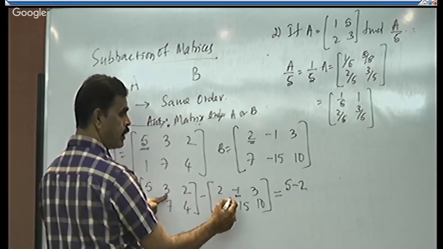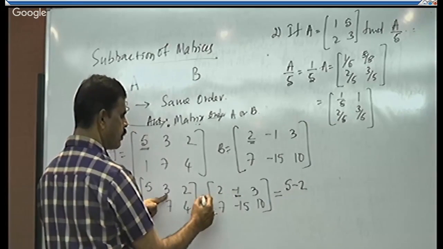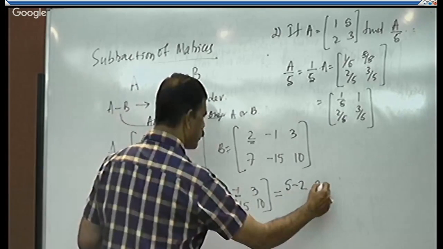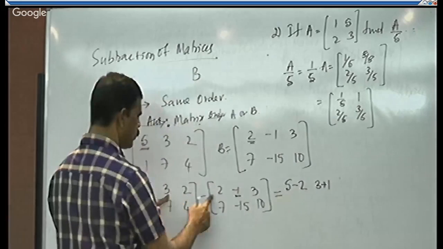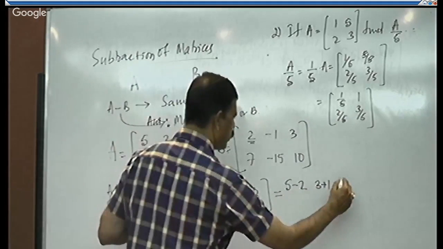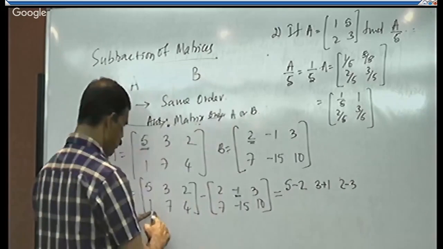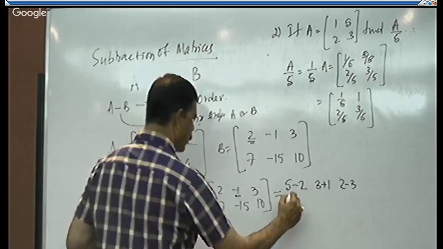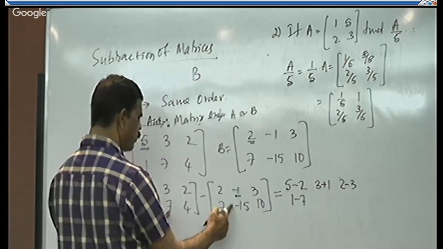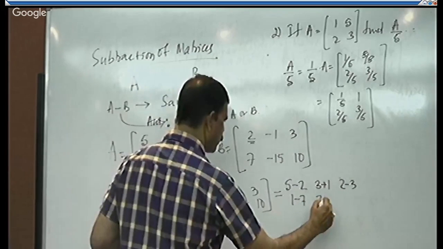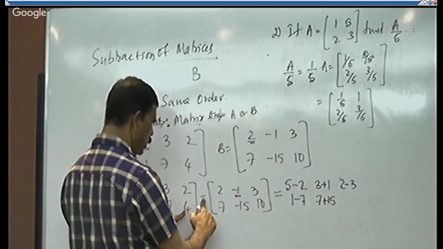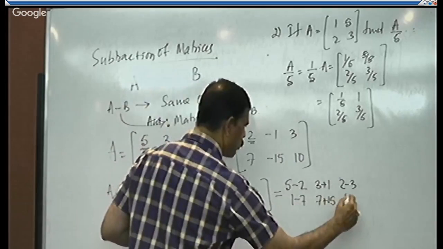This is a minus 1, hence this minus and this minus should be multiplied. 3 minus of minus 1. 2 minus 3. 1 minus 7. 7 minus of minus 15, 7 plus 15. 4 minus 10.